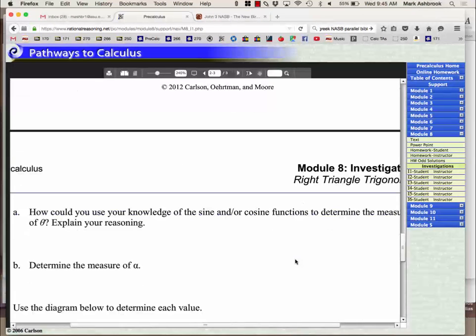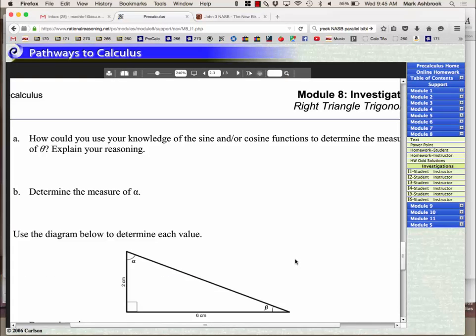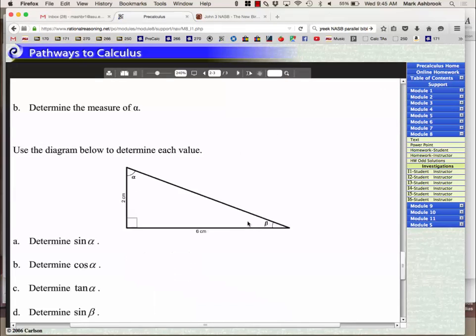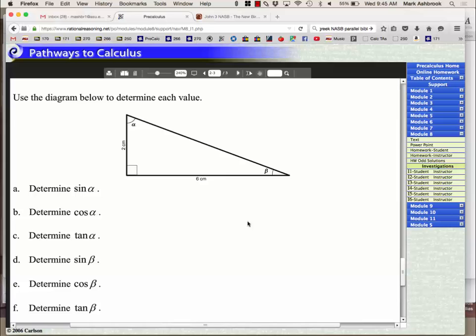So let's look at this one over here. If you look to the right, here's an angle beta, here's an angle alpha.